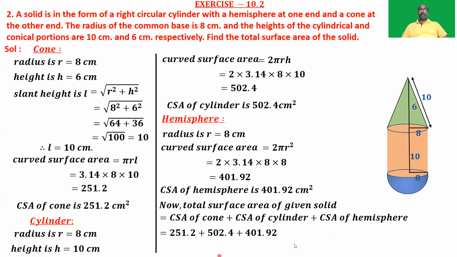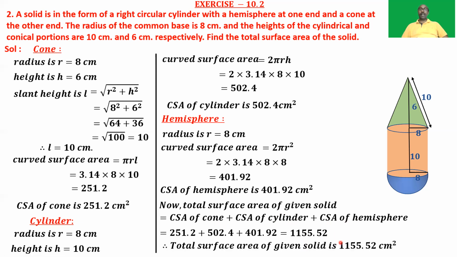Now the sum of these values is 1155.52 centimeters square. So the total surface area of the given solid is 1155.52 centimeters square.